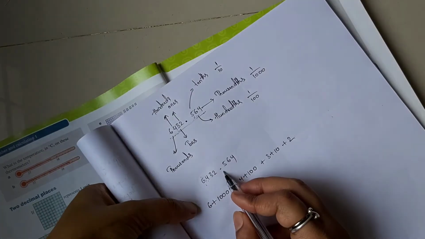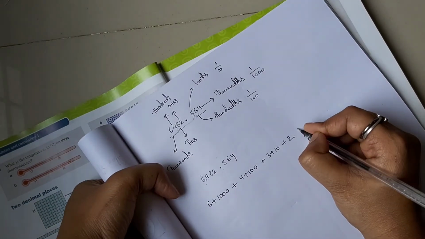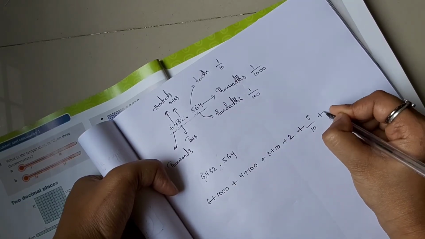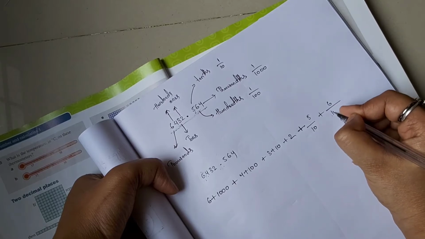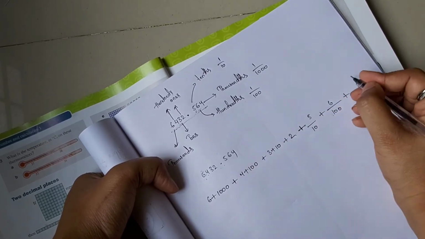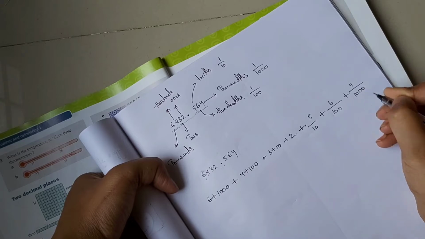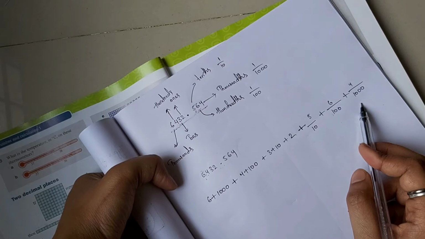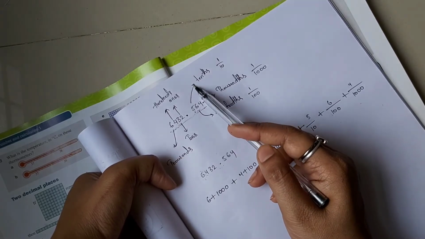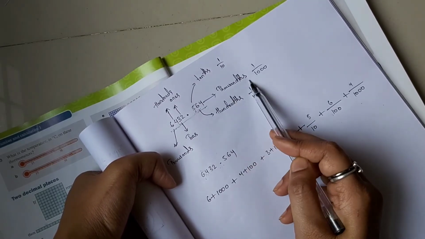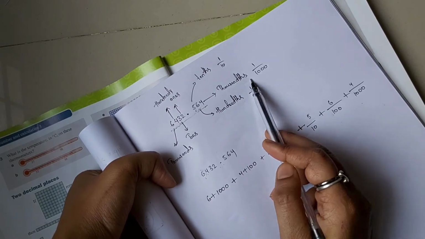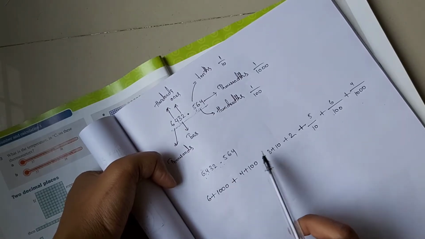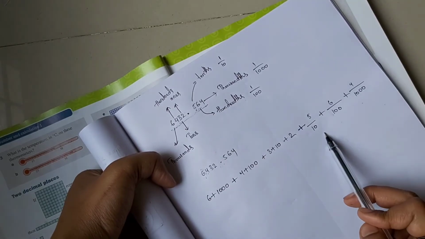Okay, now for decimals, it will be plus 5 by 10 plus 6 by 100 plus 4 by 1000. Why are we writing in the forms of 5 by 10, 6 by 100, 4 by 1000? It's because the decimal place values are tenths, hundredths and thousandths. Understood? That is why this is how you write. For whole numbers, this is the way you write. For decimal numbers, this is the way you write.